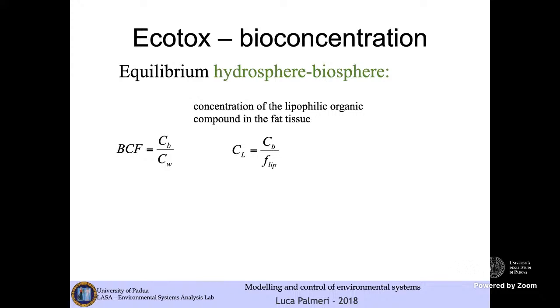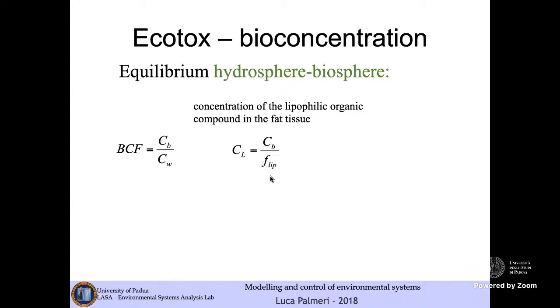Concentration in the biota may be expressed as a function of the concentration of the lipophilic organic compound in the fat tissue. So what we are writing here is that the concentration in the biota is equal to the lipid fraction of the biota times the concentration in the lipid.